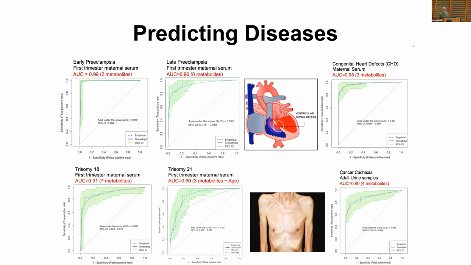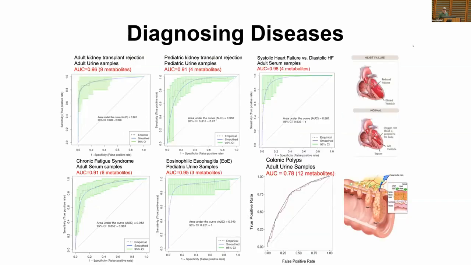Usually representing a panel of 2, 3, or 4 metabolites and their concentration changes. So you can not only predict diseases, you can also diagnose diseases using panels of metabolites and their concentrations. And most of these can be generated as logistic regression curves or equations, which are easy to use and easy to plug in. Some of these have actually been translated to the clinic.